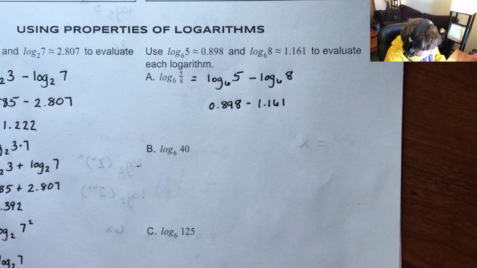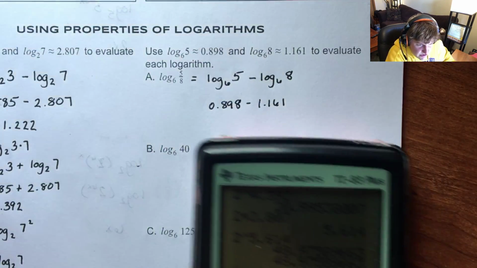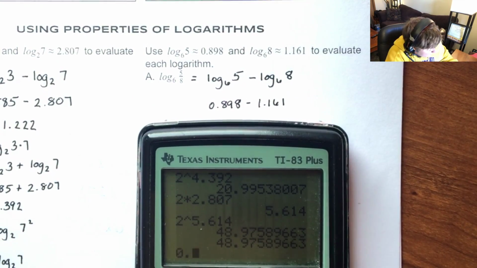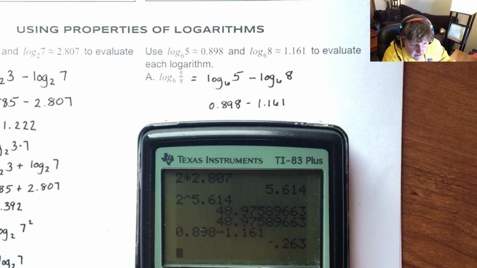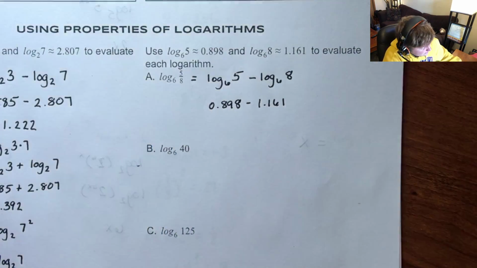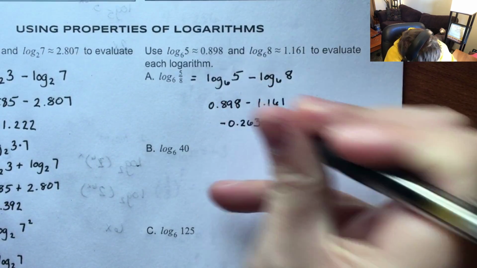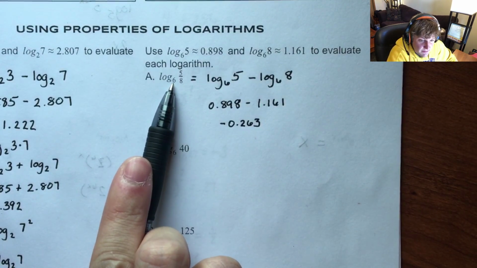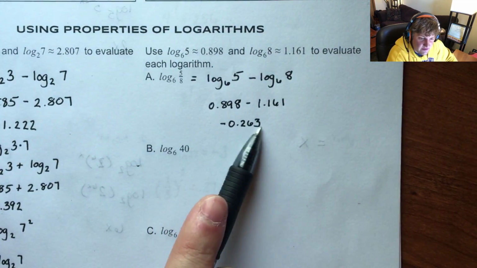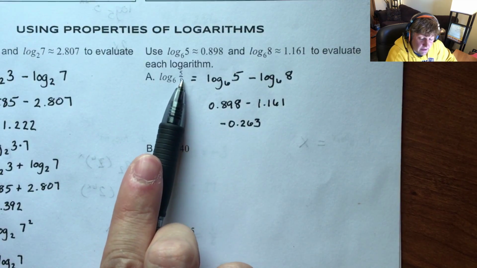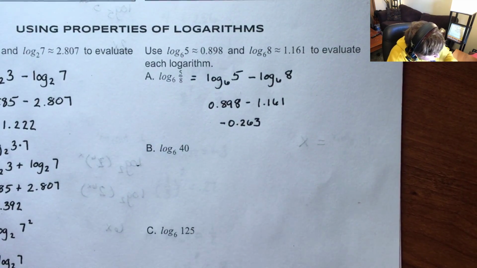Now all I need to do is subtract those two numbers, and it's negative 0.263. If I wanted to, I could take 6 to the negative 0.263 power, and I'm going to get approximately 5/8.